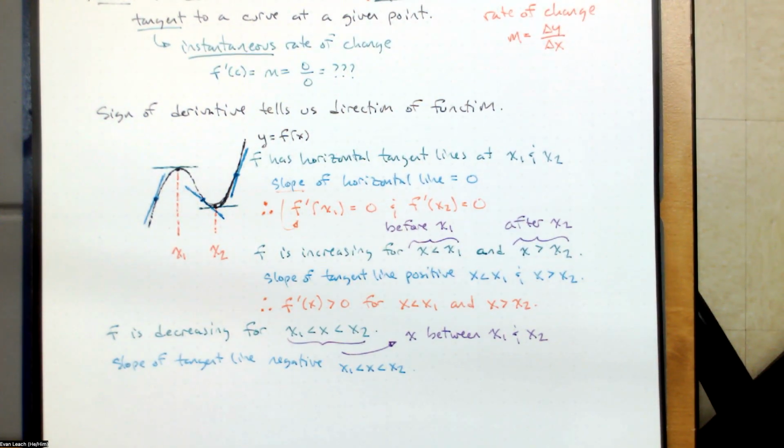The slope of the tangent line is negative, and because this is calculus class, when we say slope of the tangent line, we mean derivative. So the derivative will be negative between x1 and x2.